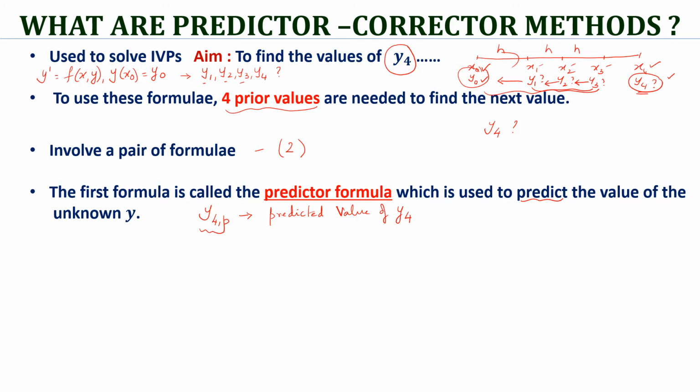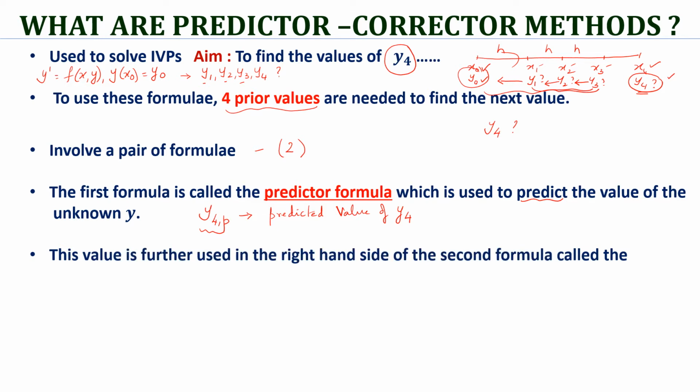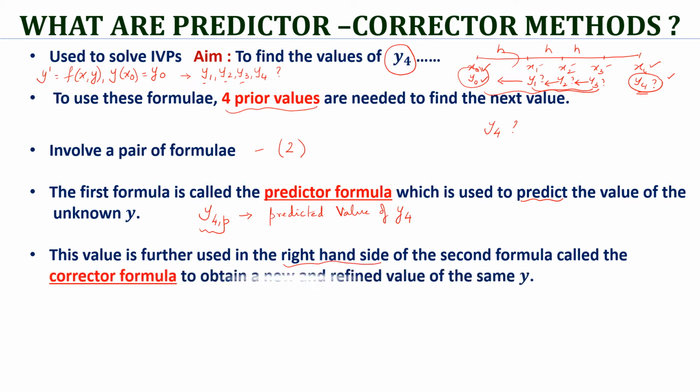So the value that we found, y4p, will be substituted in the right hand side of the second formula, which is the corrector formula, to obtain a new and refined value. This value will be called y4, c. So you're using the predictor formula and the entire data given to you to get the predicted value first, that is y4p.